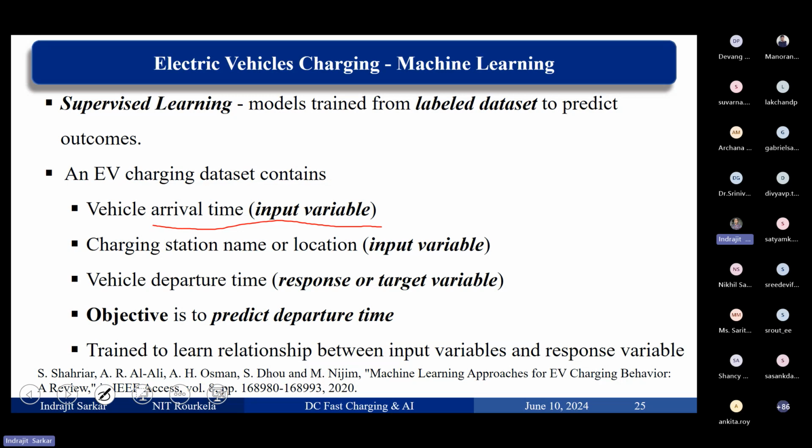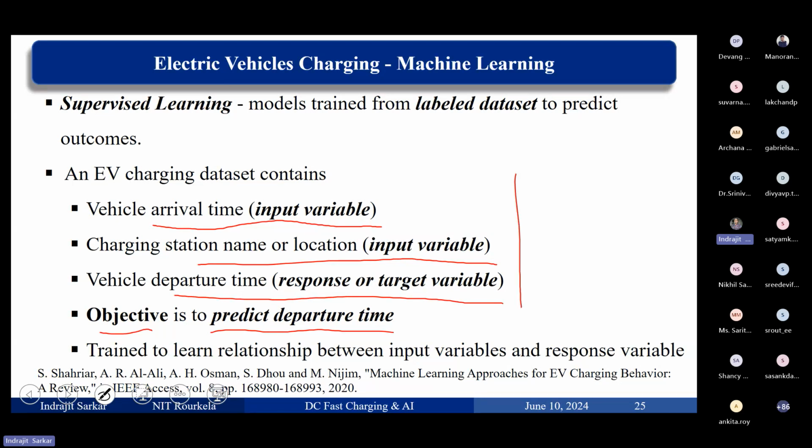Let's say an EV owner is coming into a charging station, and our objective is to predict the departure time, at what time he or she can leave after charging the vehicle. So the inputs are arrival time and the location of the charging station, and the departure time is the response or target variable.